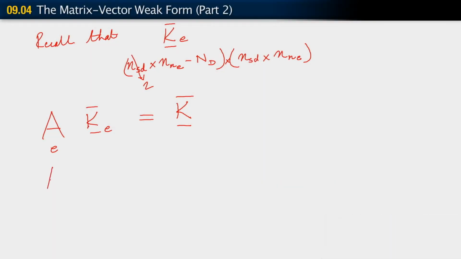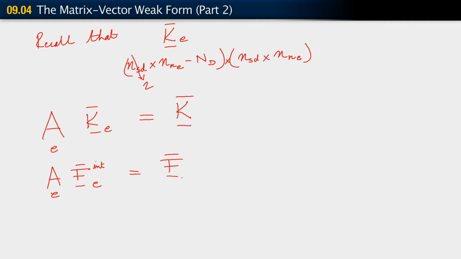And the same way for our other vectors, F bar internal E, right? The assembly of all of these gives us an F bar. This assembly process is no different, right? Just look at global degrees of freedom that correspond to local degrees of freedom in every single element that they belong to, right?